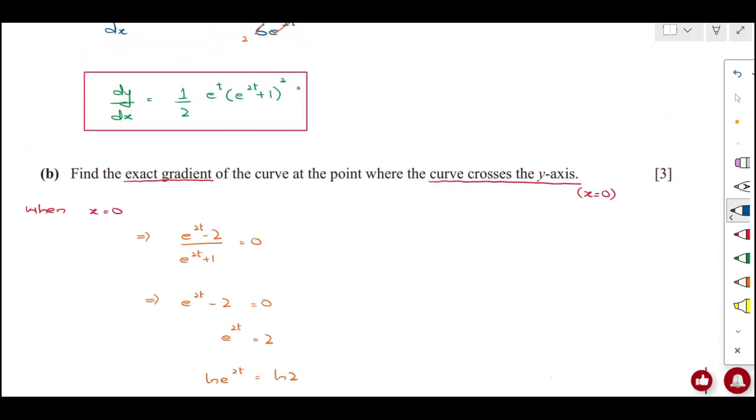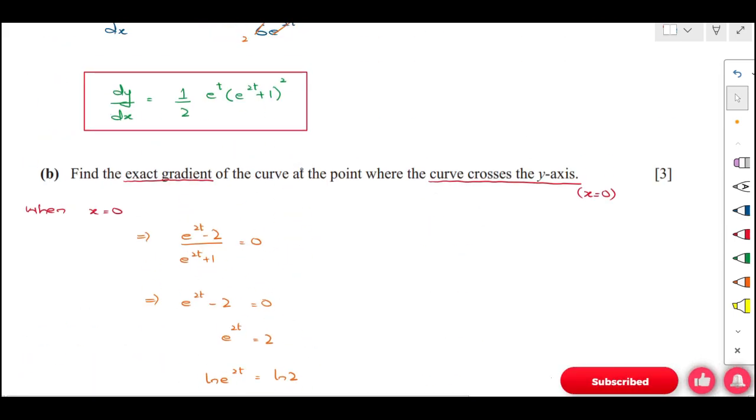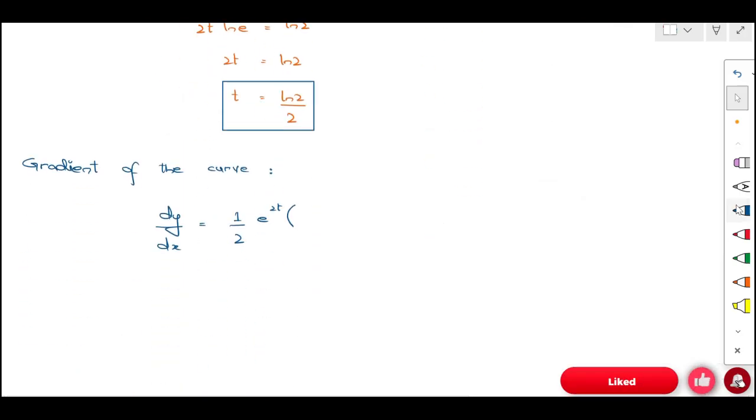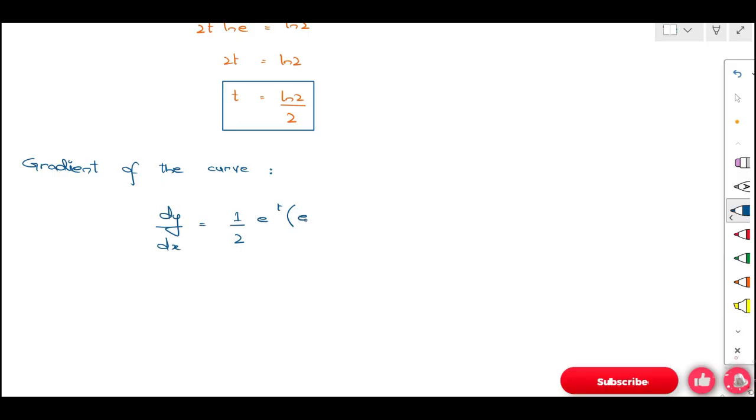So just substitute the t value over here, you will get the exact gradient of the curve, right? dy/dx is, you can say, the gradient of the curve, which is half e^t into (e^(2t)+1) whole square, right?